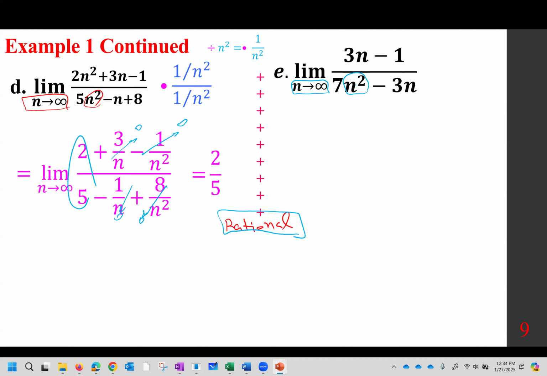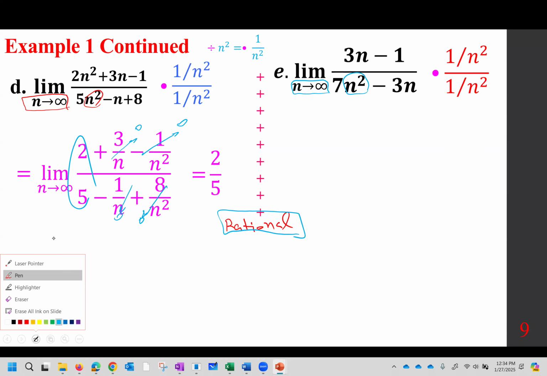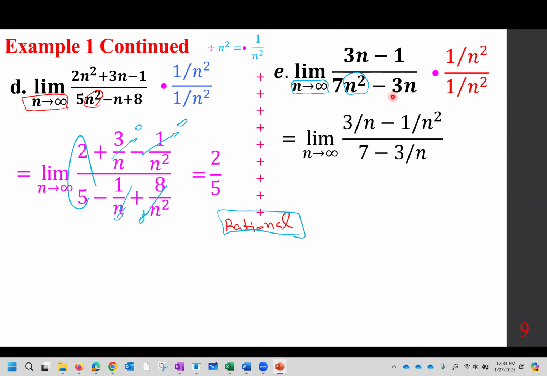So you divide by n squared. This becomes 3 over n, this minus 1 over n squared. This is 7, this is minus 3 over n. Because n is approaching infinity, everything goes to 0 except 7.